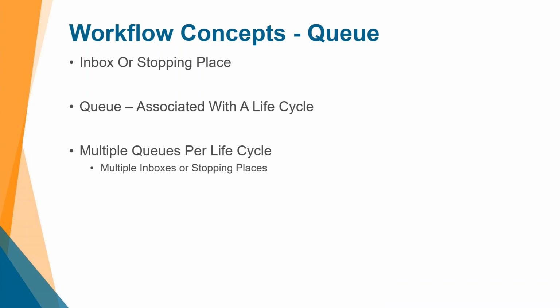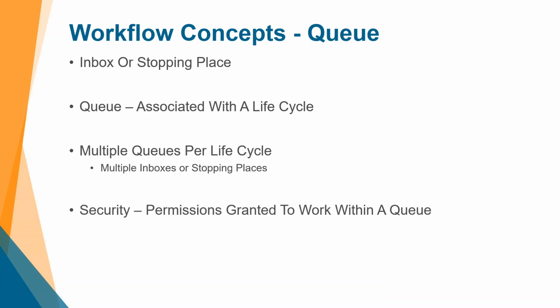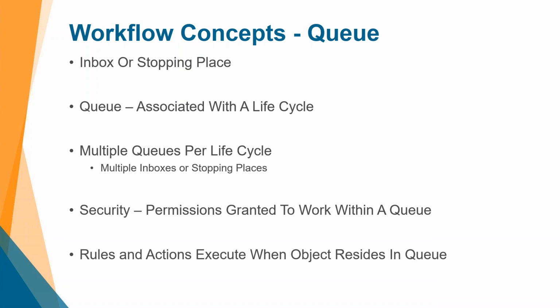There we go. And I wanted to point out also that there are permissions set up inside of OnBase to determine who has rights to each of these different queues, even to the different actions or ad hoc tasks that might take place. So keep in mind, without getting into the details, that granular security can be set up.